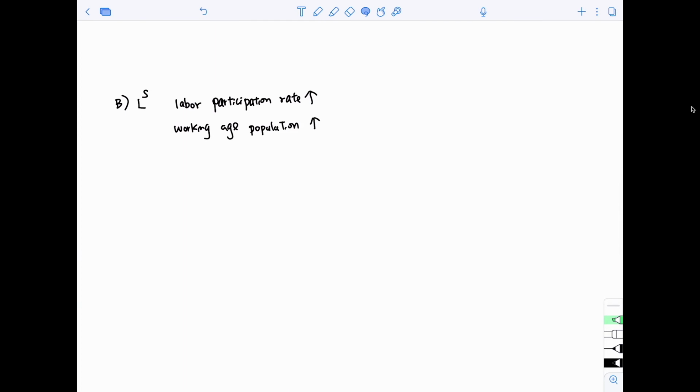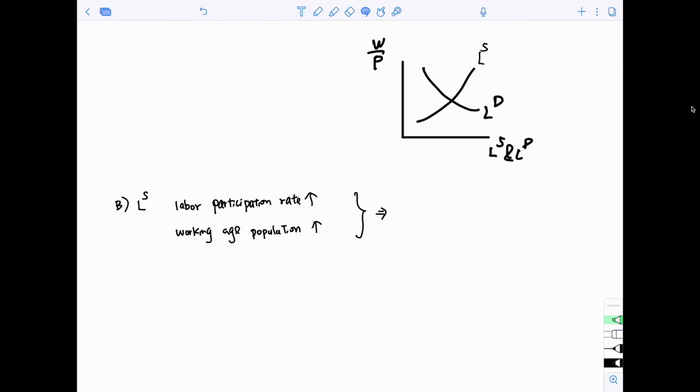The same thing happens with the working age population. When the working age population increases, it means that there are more people available to work because they attain the age that they can work. For both scenarios, it will raise the labor supply. Because of that, in the diagram illustrating the labor market equilibrium, the labor supply curve should shift to the right.